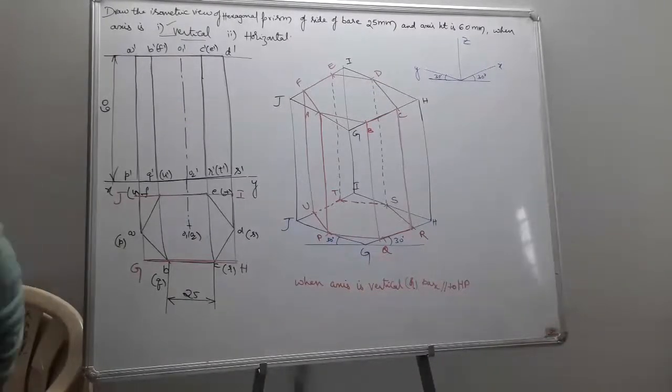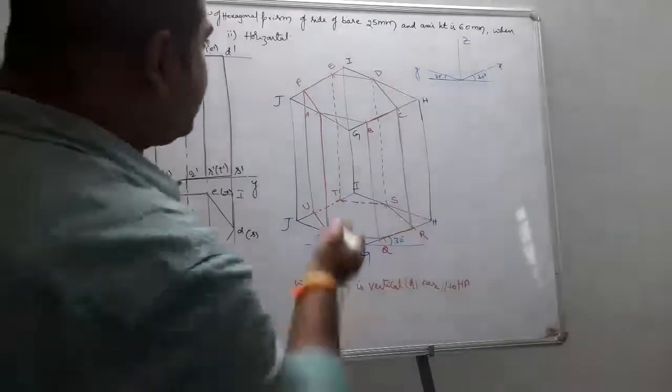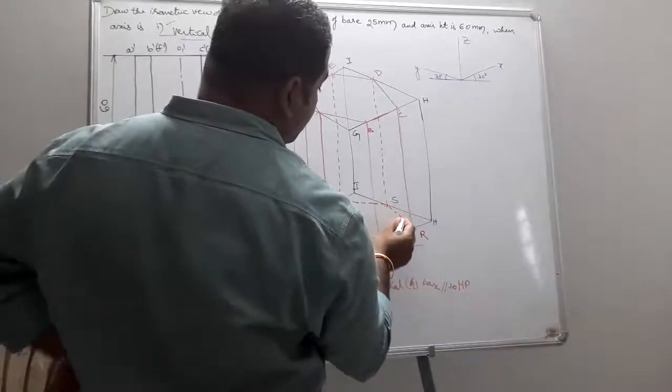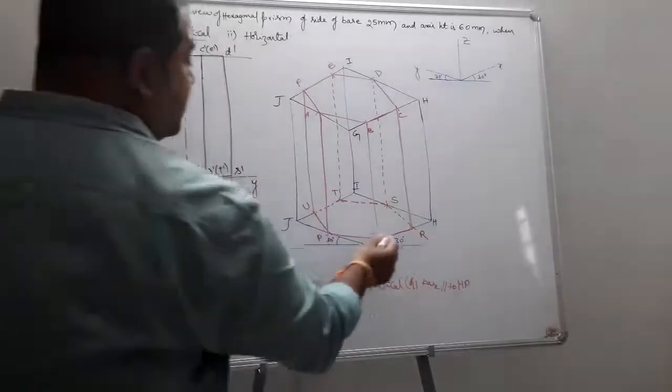Okay students, is it clear? Students, is it clear? Yes, in this pattern, I just say RS is also going to be dotted. So these three edges are going to be visible.